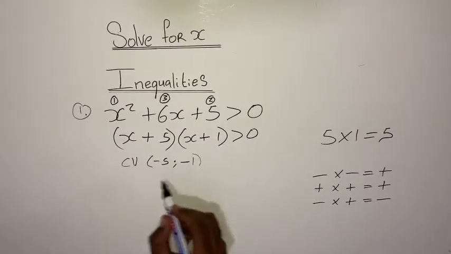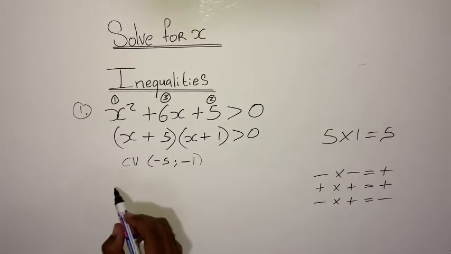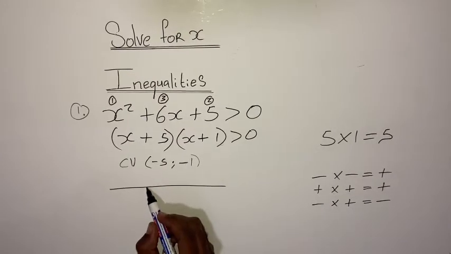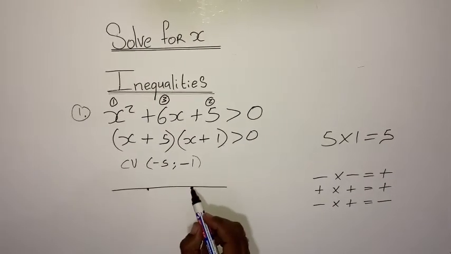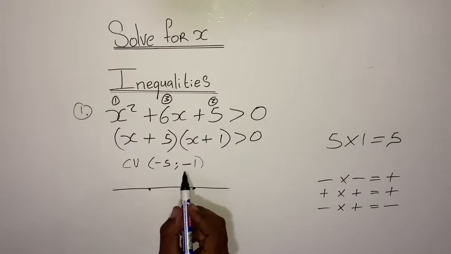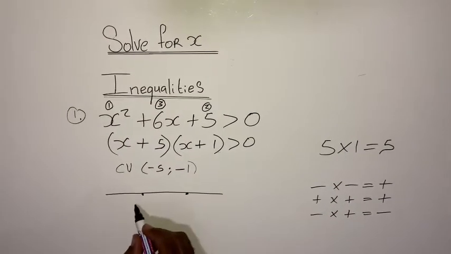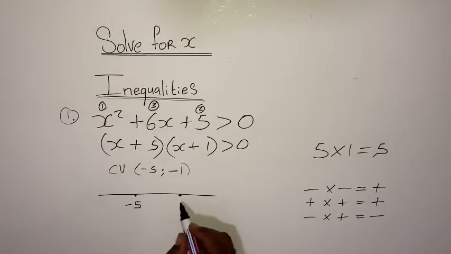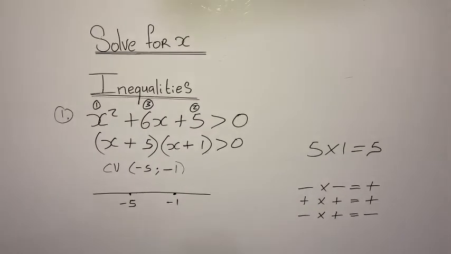After finding your critical values, you'll have to go on to draw a number line. On your number line, you must ensure that you start with the lesser value on your left. Between negative 5 and negative 1, the lesser value is negative 5, then this side will have negative 1.